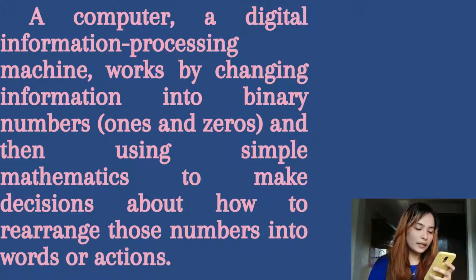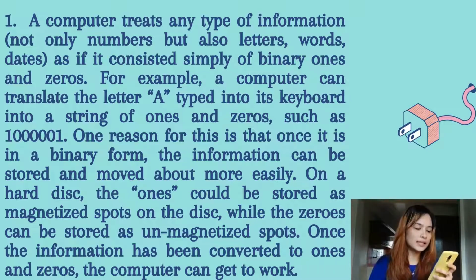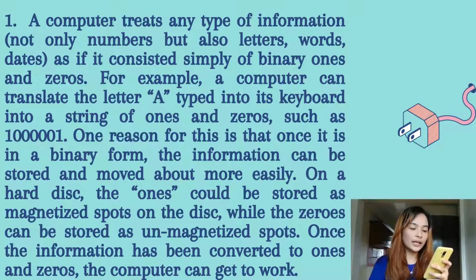So we have here two main things to understand the basics of how a computer works. Number 1, a computer creates any type of information, not only numbers but also letters, words, and dates, as it is consisted simply of binary ones and zeros. For example, a computer can translate the letter A typed on its keyboard into a string of ones and zeros, such as 1000001.